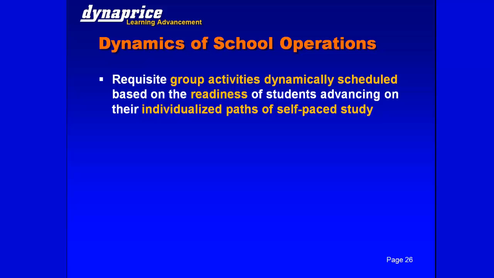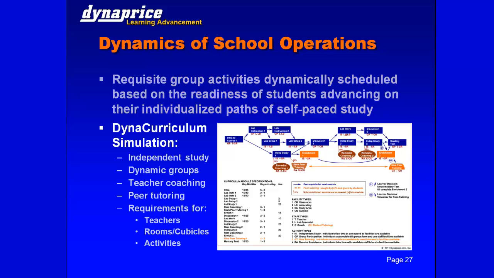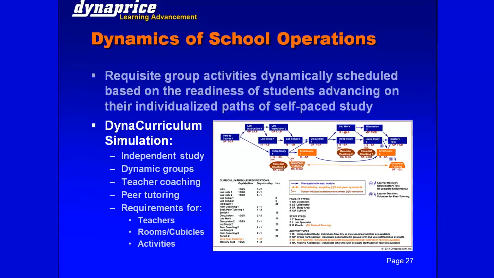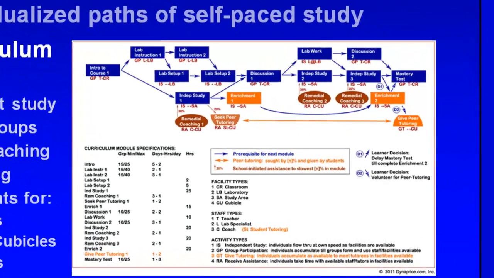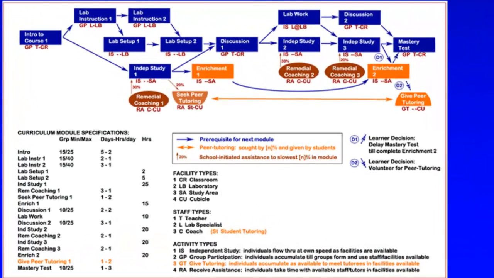To help us understand the scheduling issues involved, we created a software simulation. This shows the key elements of our Dyna-curriculum simulator: its flowchart of prerequisites, mixing group and independent activities with teacher coaching and peer tutoring, and the sample resource requirements specified for each included curriculum module.